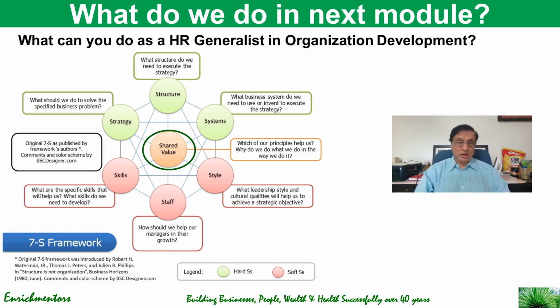And so would your HR leader. So the question is, as an HR generalist, what can you do in each of these elements to help the organization achieve its goals, remain sustainable, and grow profitably and sustainably over a period of time? That's what we will do in the next module.